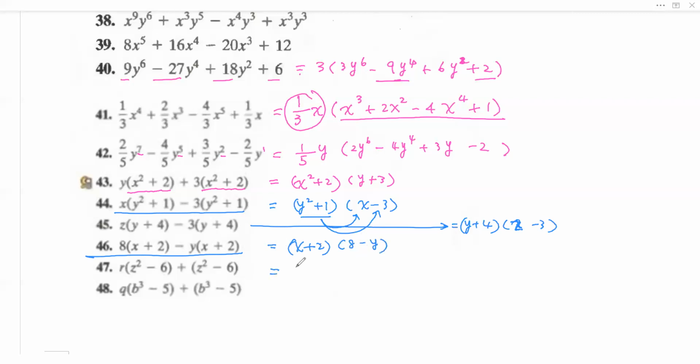It's too easy for you guys right now, right? Since you know this process. And this one has 1 here, right? Don't forget this part. And the last one here, 48, b cubed 5, and here is q plus 1. You still have 1 here. Don't forget it here.